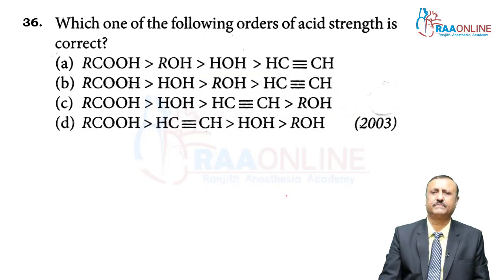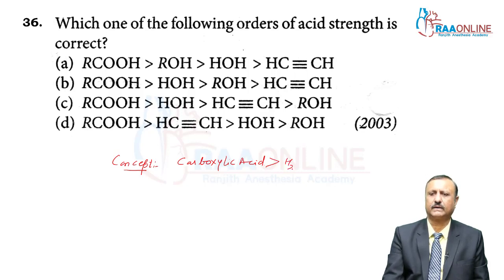In question number 36, which one of the following orders of acid strength is correct? My dear students, it is a very important question because it is a simple question. What is the concept? The concept is that any carboxylic acid is always more acidic than water, water is always more acidic than primary alcohol, and primary alcohols are always more acidic than alkynes.